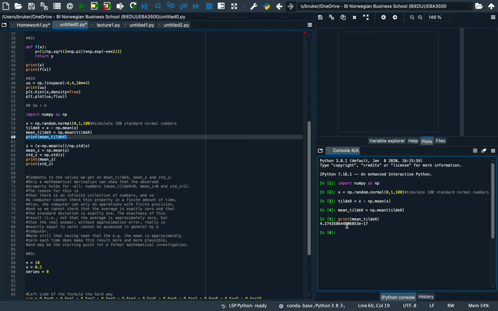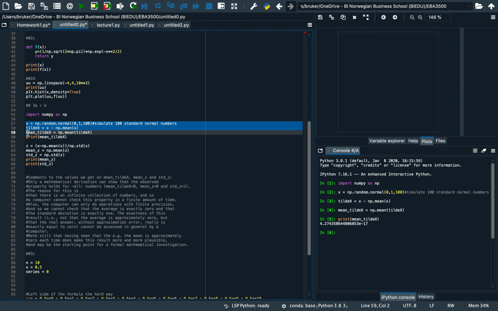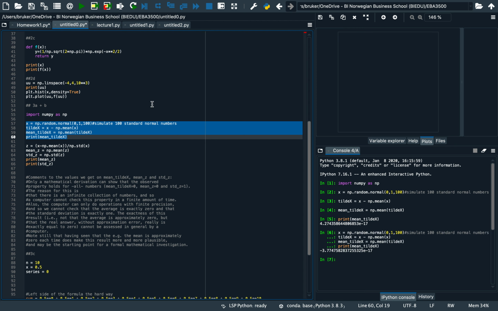Yes, we get almost 0, 4.27e-17. Would it be like this every time? If I draw new 100 numbers, let's do it and see if we get 0 again for the mean of tilde x. Yes, we do.